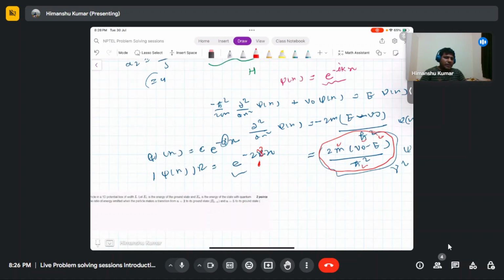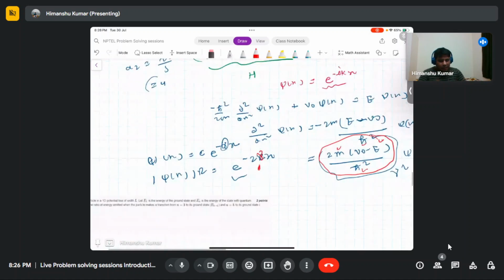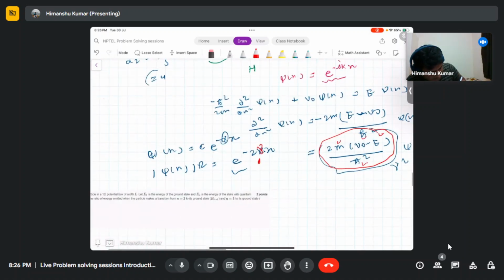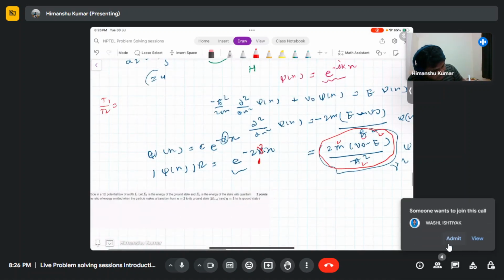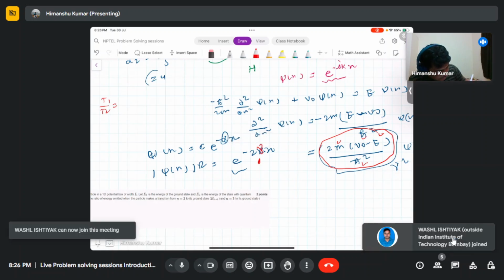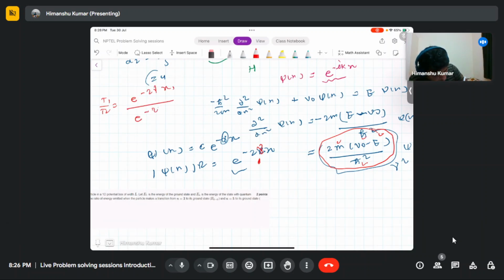And if you want to compare, if you want to take the ratio of T1 by T2, it will become e to the minus 2 gamma times x1 divided by e to the minus 2 gamma times x2. So this will become exponential of 2 gamma times x2 minus x1, and x2 is 4 times larger compared to x1. So this term is positive.